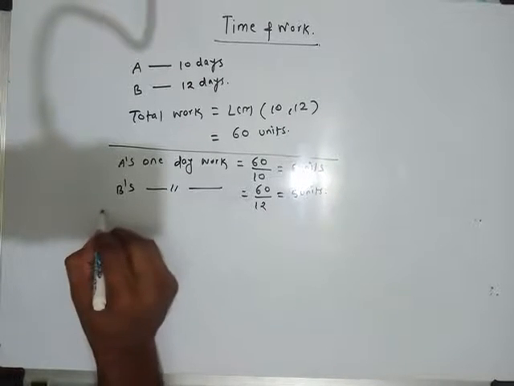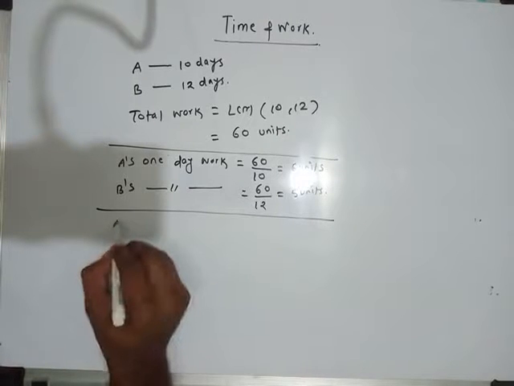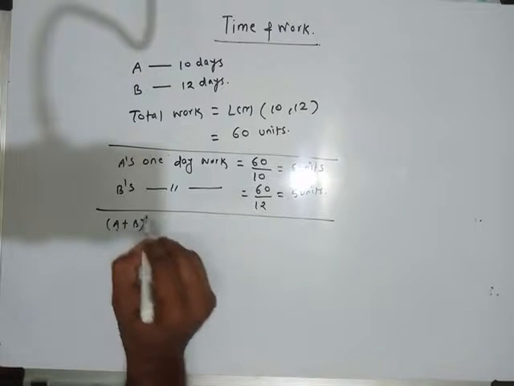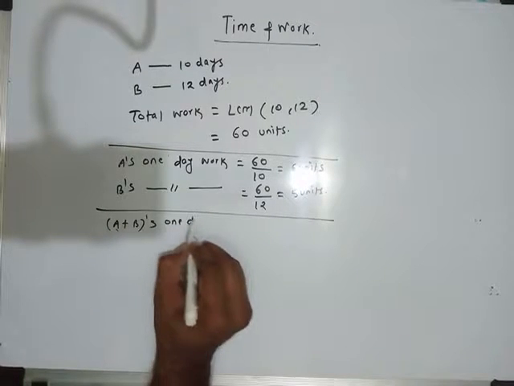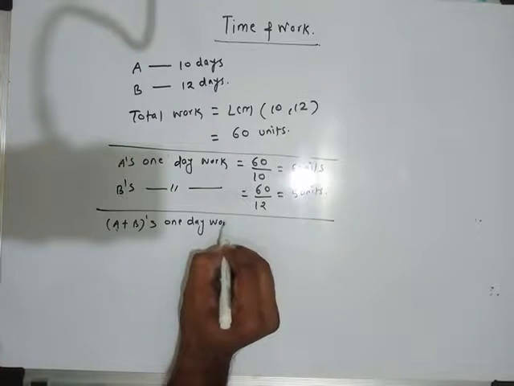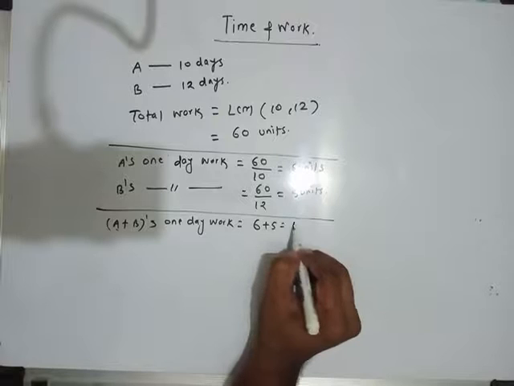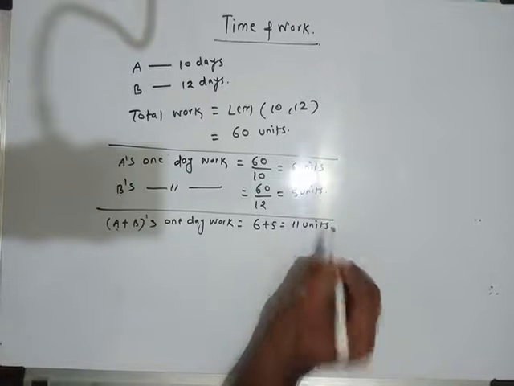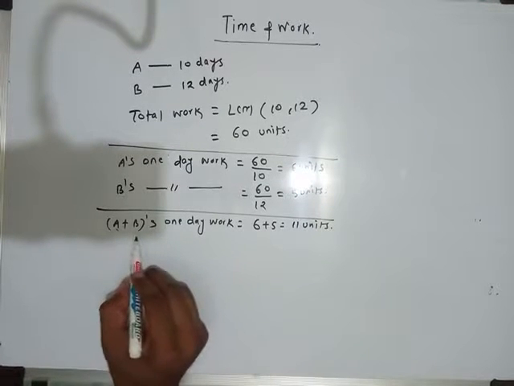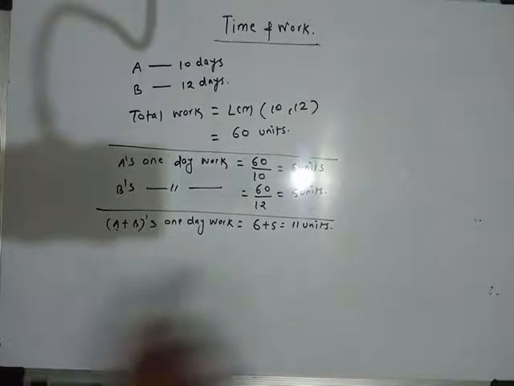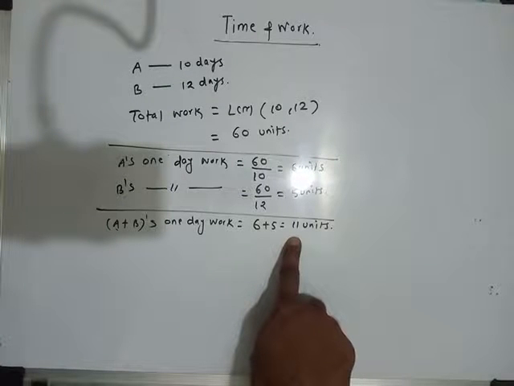Right? Now A plus B's 1 day work is equal to 6 plus 5, which is equal to 11 units. So A plus B working together can complete 11 units of work in one day.